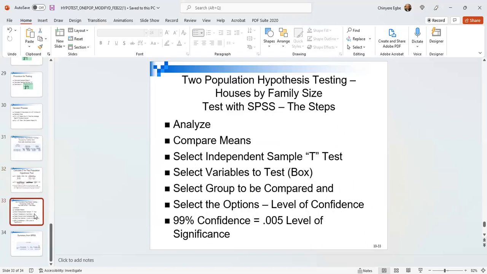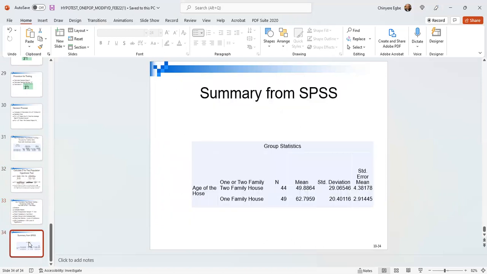Now, what I have done in this assignment is to actually have you calculate the averages from Excel and do it yourself. But I'm going to modify the assignment.